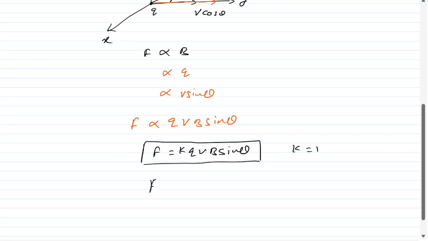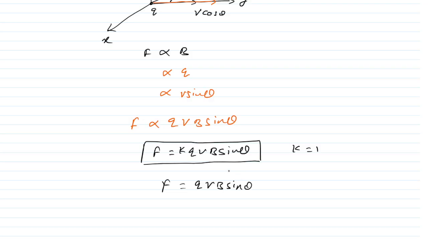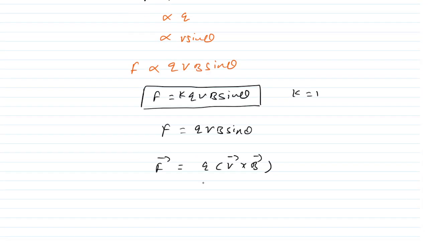So now force will be equal to q v B sin theta. We know that when sin theta is coming, it is basically the cross product of v and B. So in vector form, force is q into v cross B. This is the cross product of the velocity vector and the magnetic field vector.